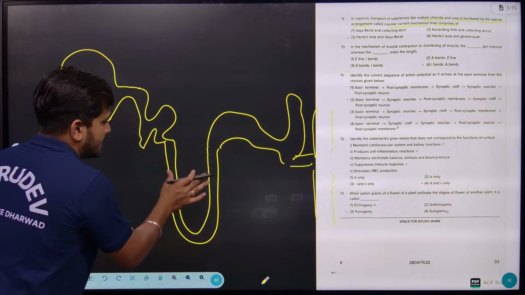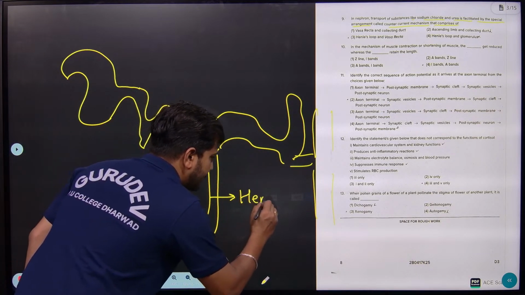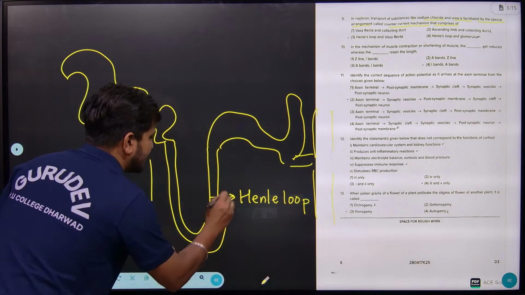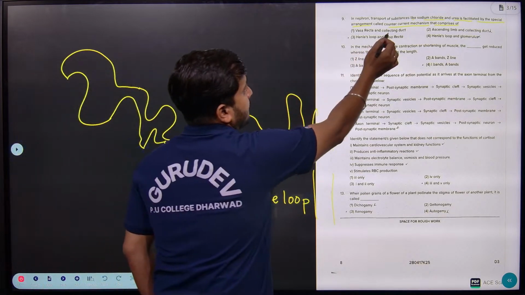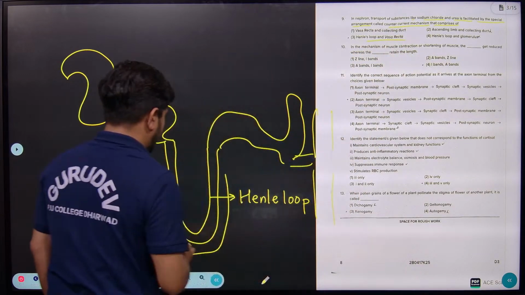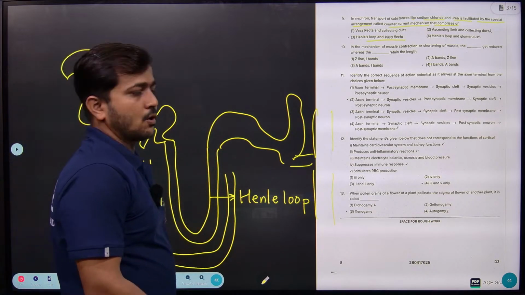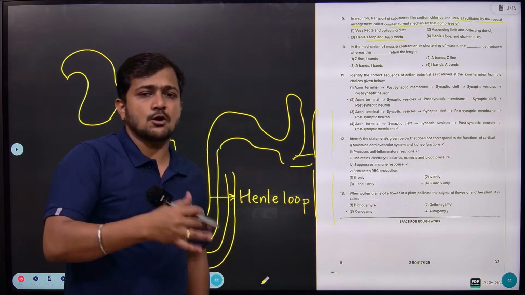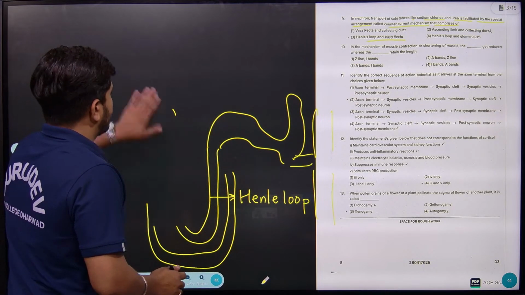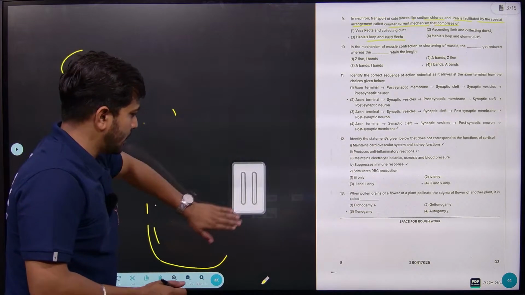Mainly this Henle's loop is surrounded by the vasa recta, which helps in the counter current mechanism, where reabsorption of molecules takes place, which are useful for the remaining process of filtration of the urine or the blood.